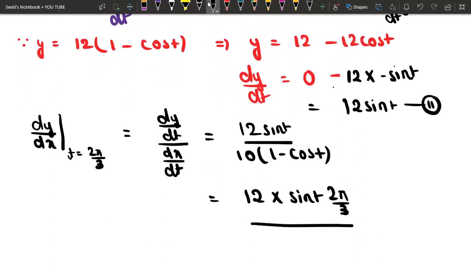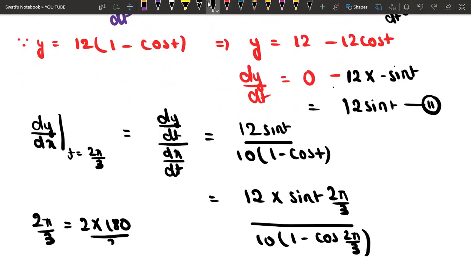And this will become 10 times 1 minus cos 2 pi by 3. Clearly 2 pi by 3. What is the value of pi here? It is 180. So if you simplify 2 pi by 3, it is actually 2 times 180 upon 3. That means 120.